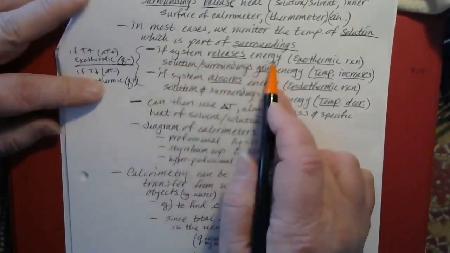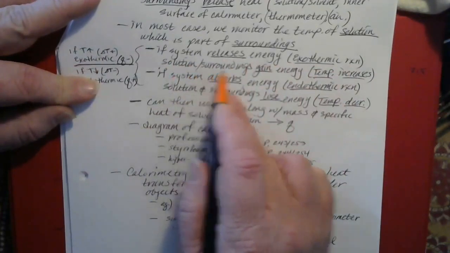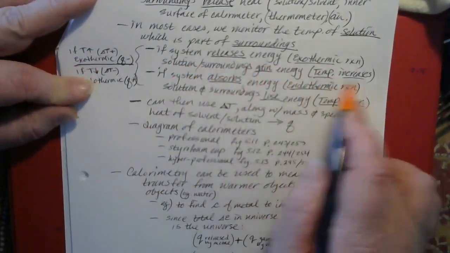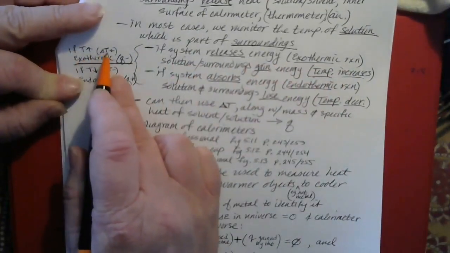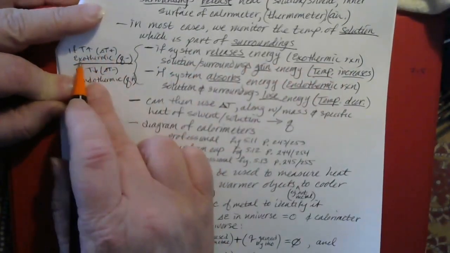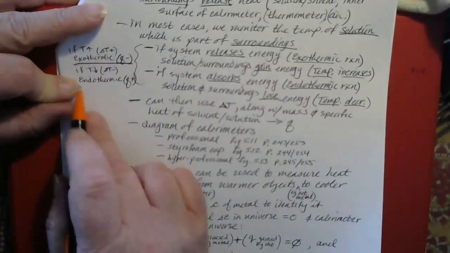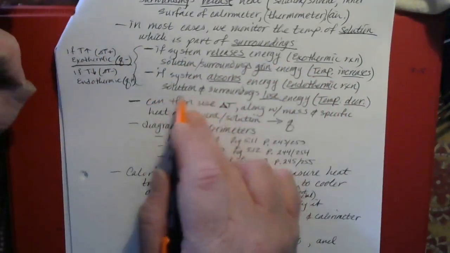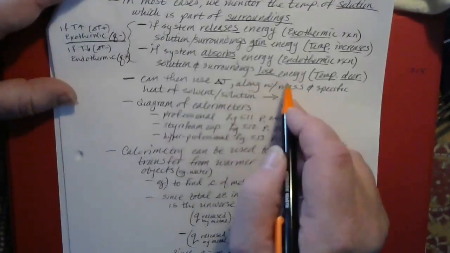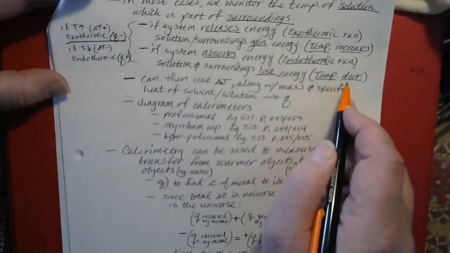So if the system releases energy, that is, it's an exothermic reaction, the solution or surroundings will gain energy and the temperature increases. So if the temperature goes up, or in other words, delta T is positive, the reaction is exothermic and Q is negative. If the system absorbs energy, that is an endothermic reaction, the solution and the surroundings will be losing energy and the temperature decreases because the thermometer is part of the surroundings.